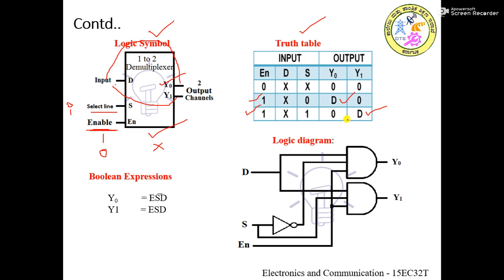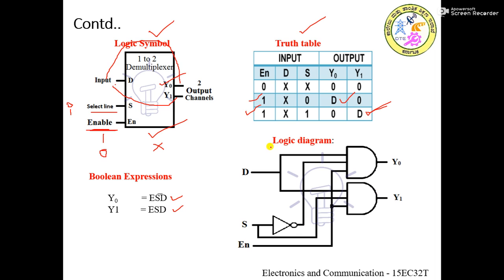For the third combination it is D. Simply multiply the literals of the inputs, that is E S D. So y0 is E S bar D, and y1 is E S D.